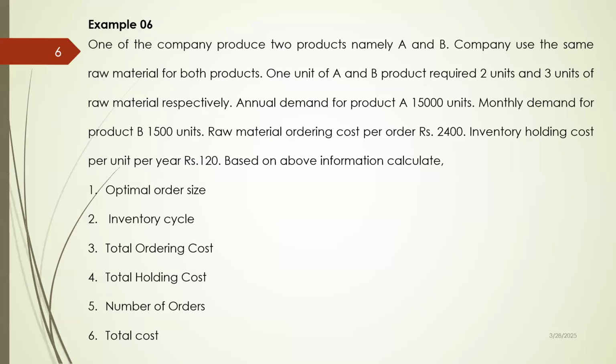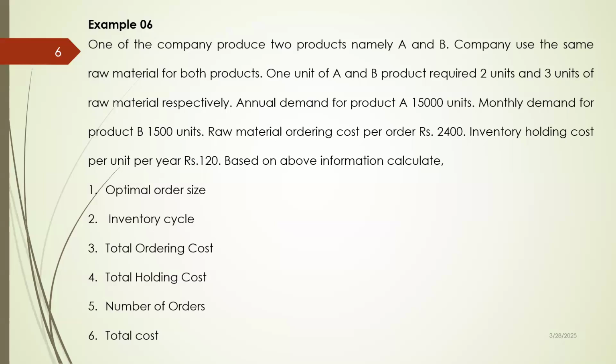If you want, you can do the same example or any example: draw the two-dimensional graph, get the Q values and calculate the total ordering cost, draw the ordering cost curve with respect to Q, then calculate the total holding cost, draw the holding cost curve, then combine both.